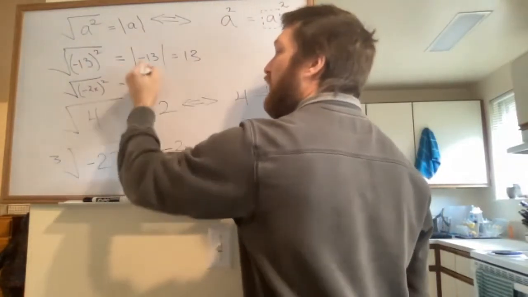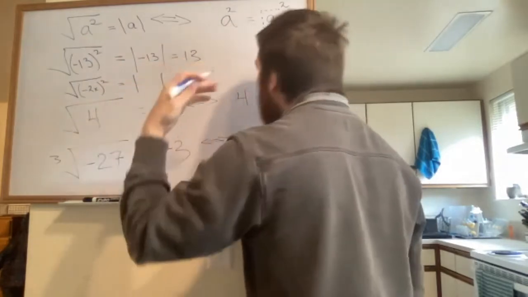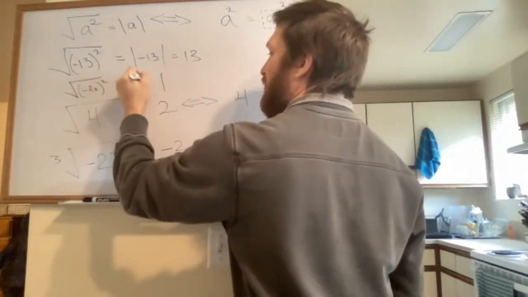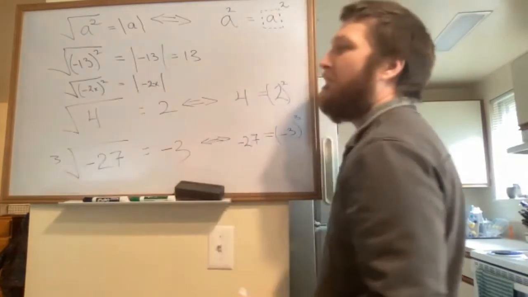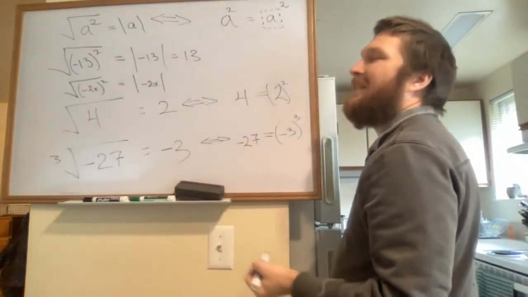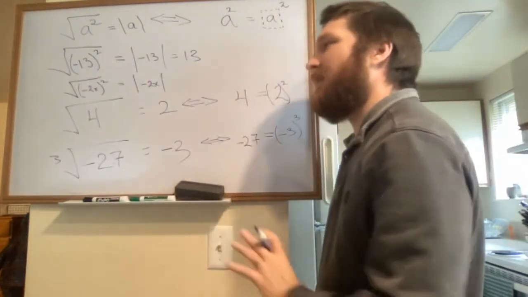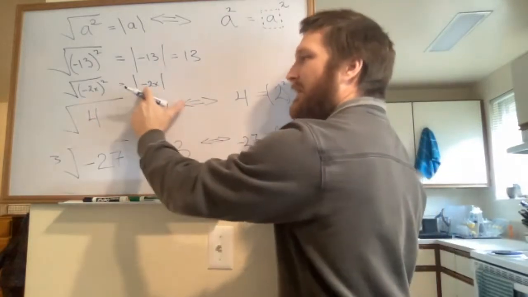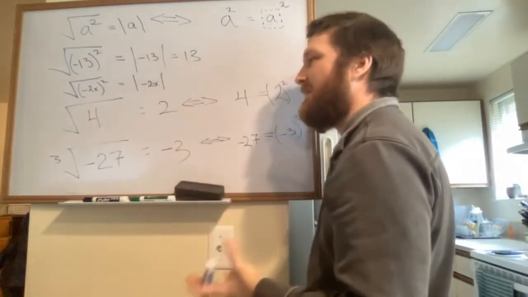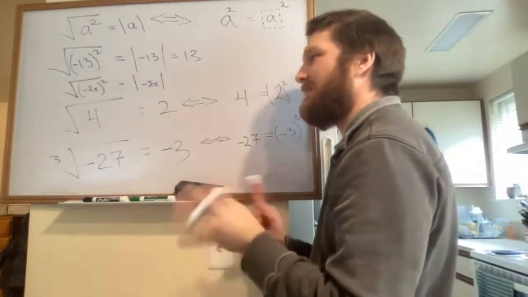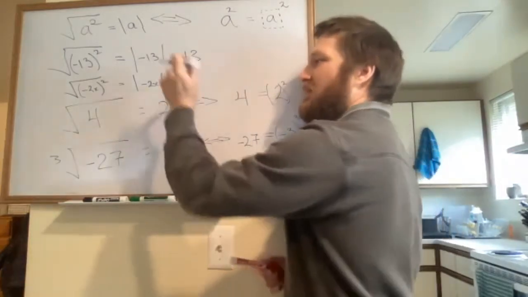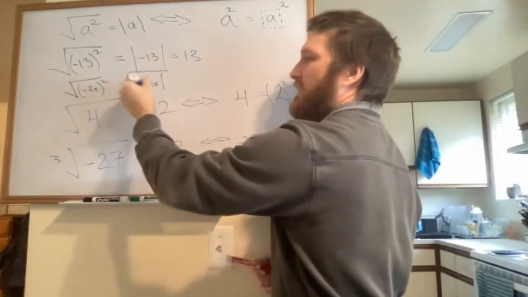But it's the absolute value of whatever it is. So the absolute value of -2x. And then you could just say 2x, but we're going to leave it like that, because we don't know whether x is positive or negative. And that's kind of a pain, but it's just much easier to say the absolute value right there.